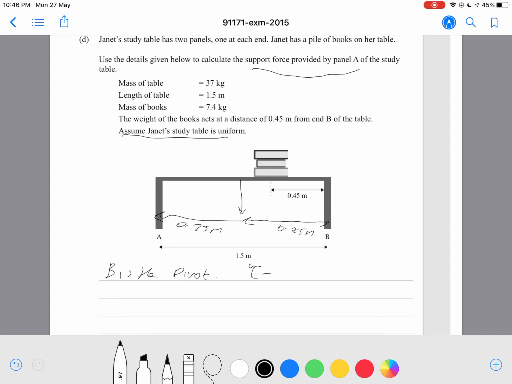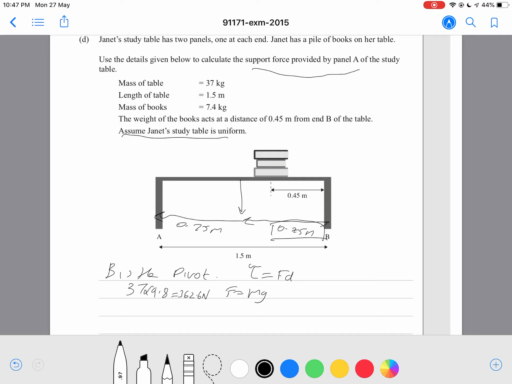Okay, so we know that torque equals FD. The mass of the table is 37 kilograms, but we have to convert that to force. So F equals mg, therefore 37 times 9.8, what does that give you? 37 times 9.8 gives us 362.6 newtons, and that is 0.75 meters away from the pivot.